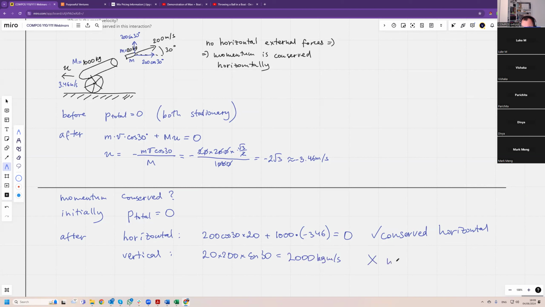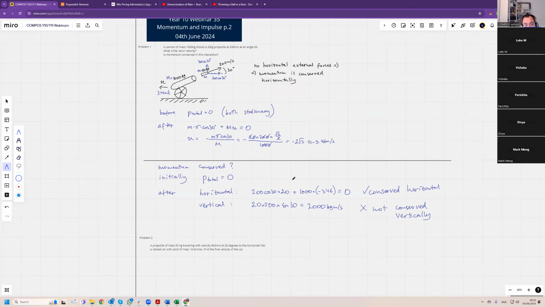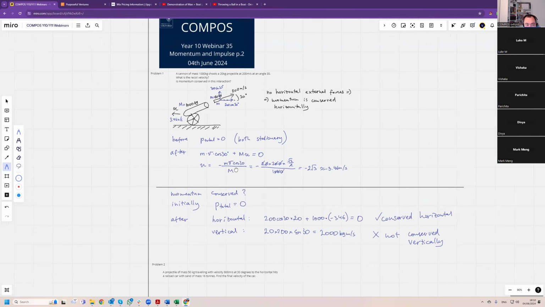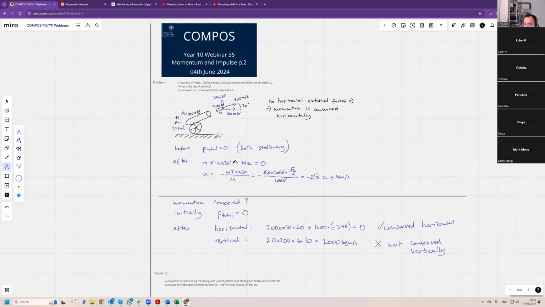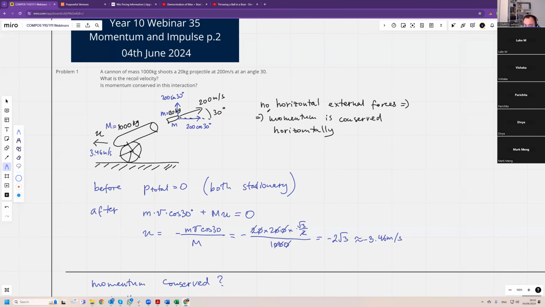So not conserved vertically. So the vertical momentum has increased, but the horizontal momentum has not changed. So what's going on? Why is horizontal momentum conserved and vertical momentum not conserved? There's a hint.